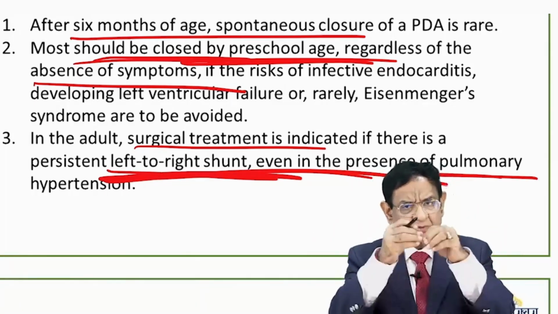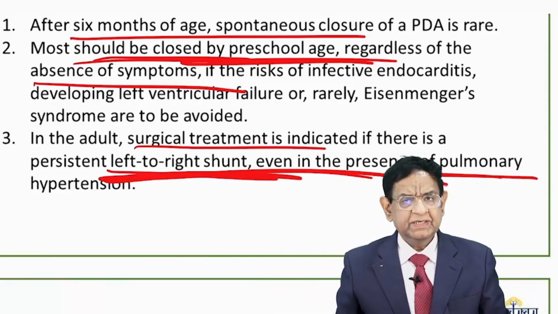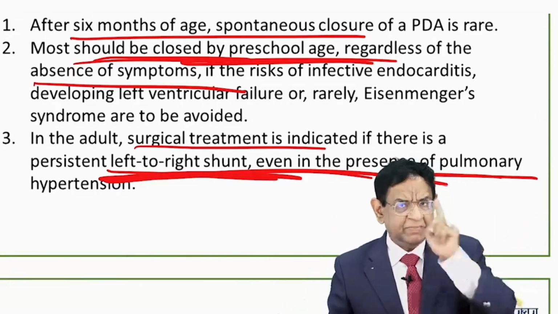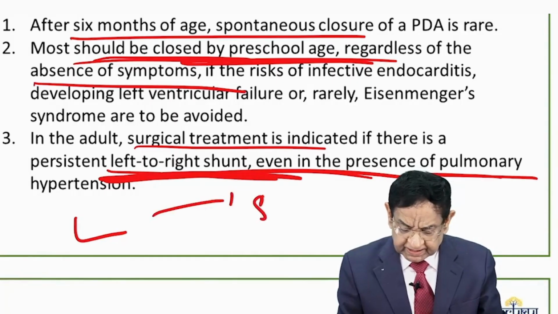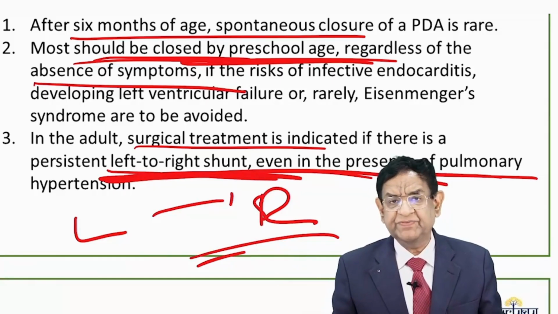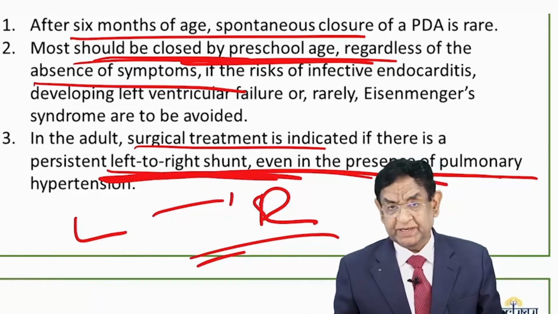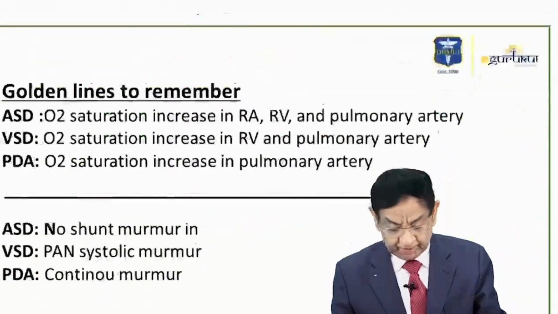In children, you get it operated to avoid later complications. In adults, even if PAH is occurring, as long as left to right shunt is occurring, you get it operated. Even if there are some early features of PAH, if the flow is left to right, get operated, because once it is right to left, it becomes non-operable.